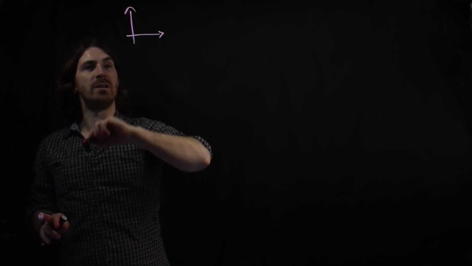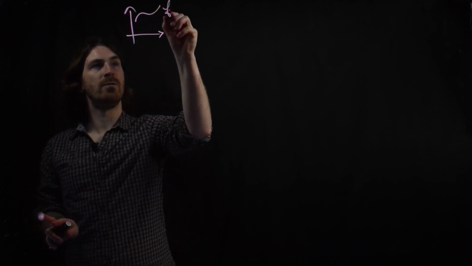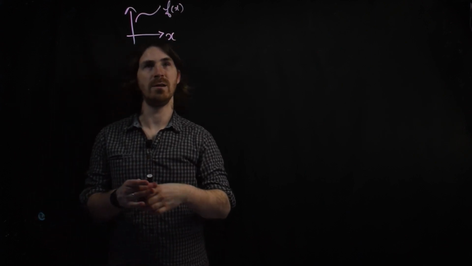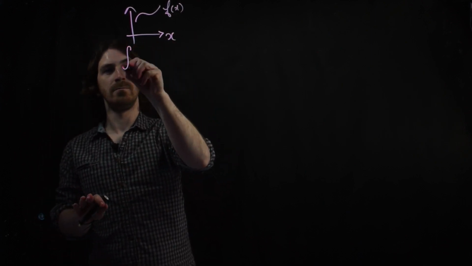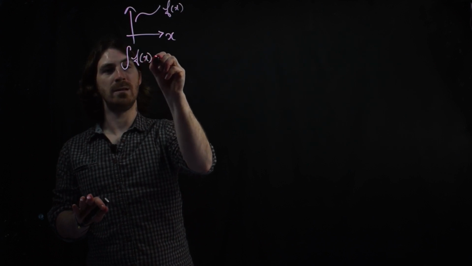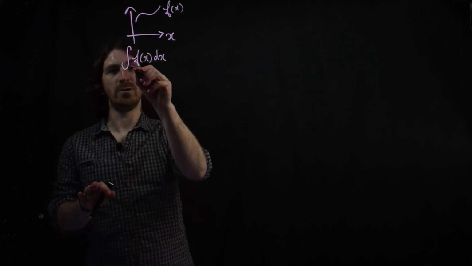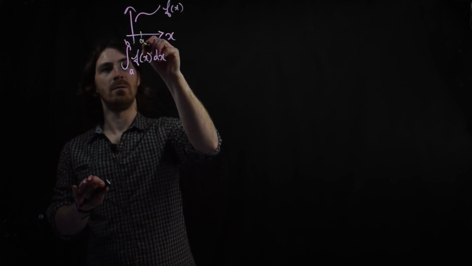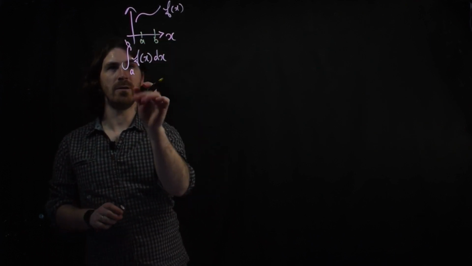We're going to generalize first by thinking about a function of a single variable, f of x. You know that the integral of f of x dx between two points a and b represents the area under this curve.